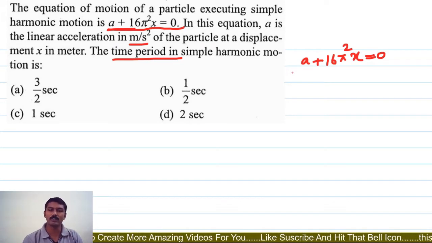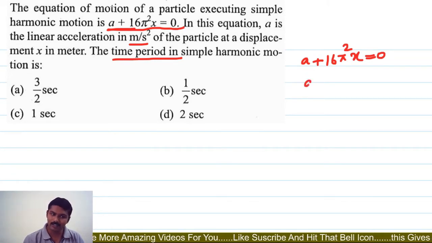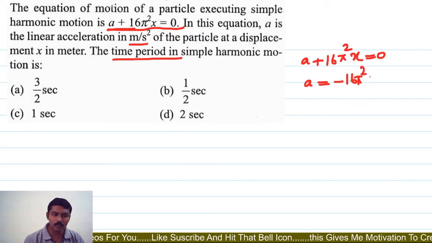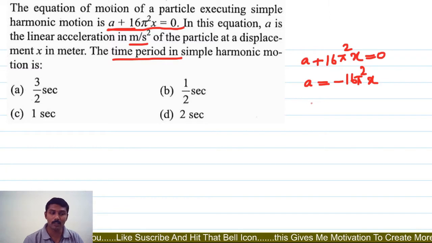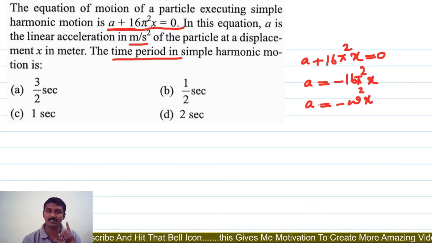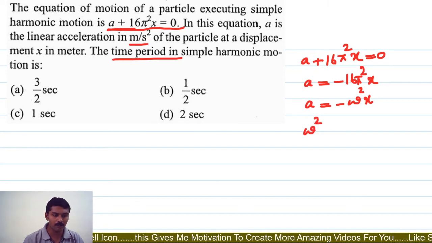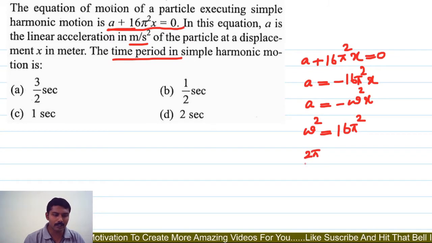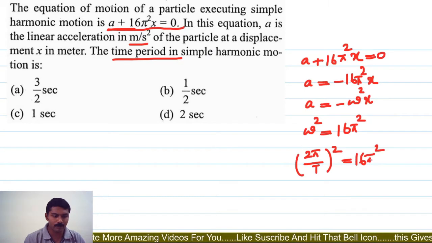According to the general equation for simple harmonic motion, the acceleration should be equal to minus 16 pi square x, which resembles the main equation A = minus omega square x, where A represents linear acceleration and x represents displacement. So if you compare the equations, you will find that omega square will be equal to 16 times pi square, and you know omega is 2 pi divided by time period, so (2 pi by T) the whole square is equal to 16 pi square.